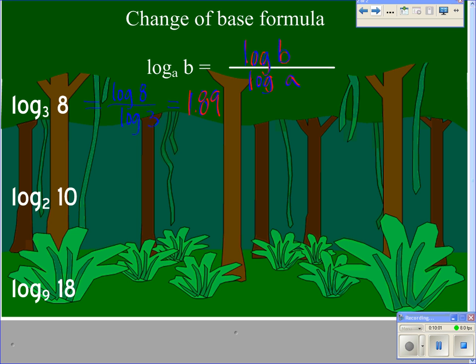All right, pretty sure you all know how to use your calculators by now, so we're just going to set these ones up. If you would see this one, we would get log 10 over log 2. And that's what you would put in your calculator. And this would be log 18 over log 9.